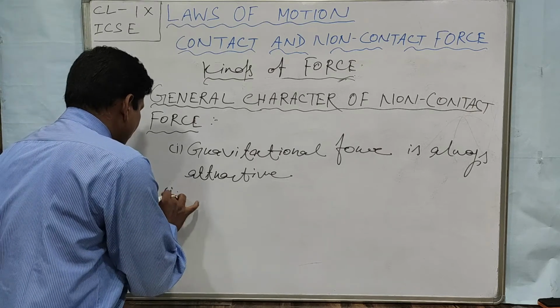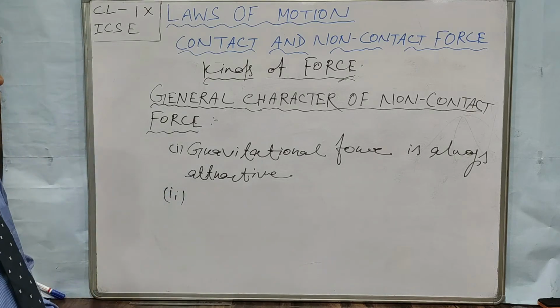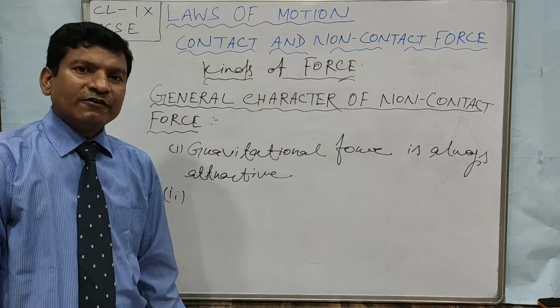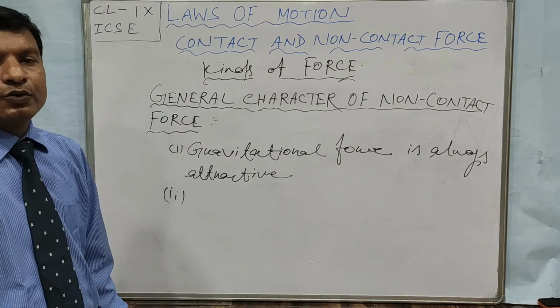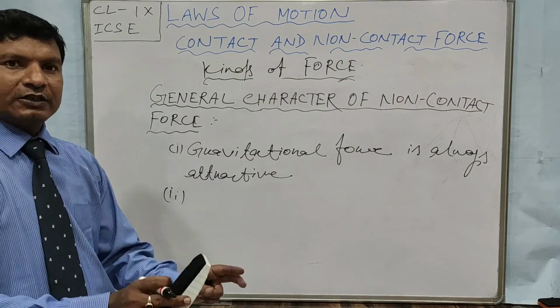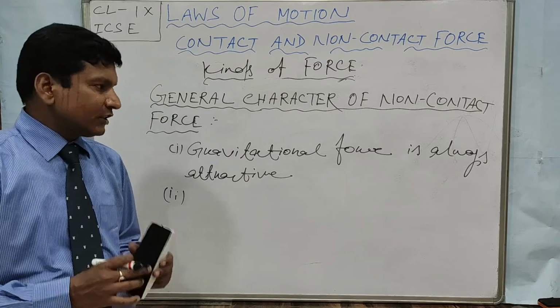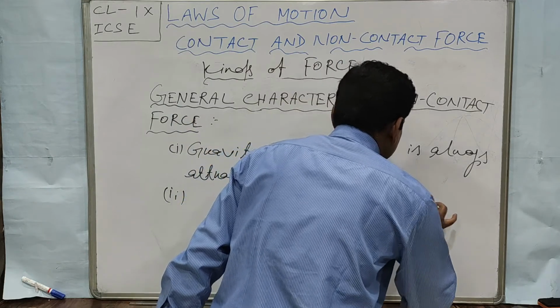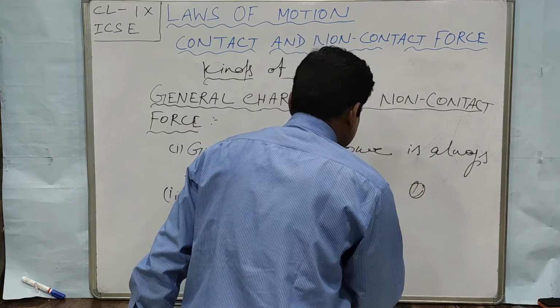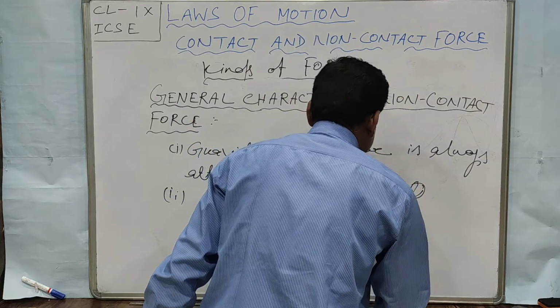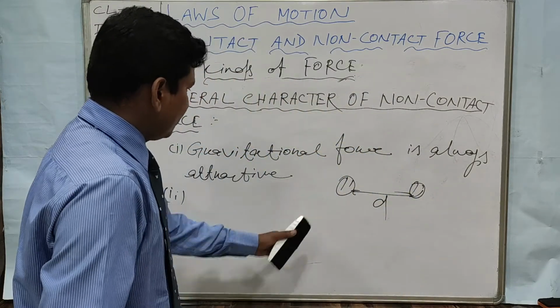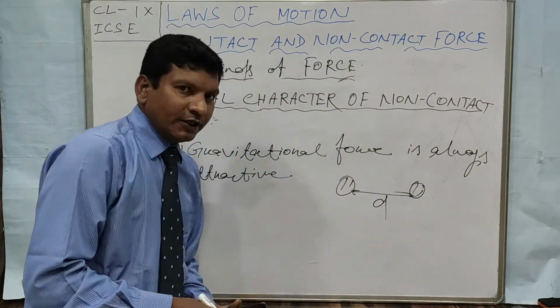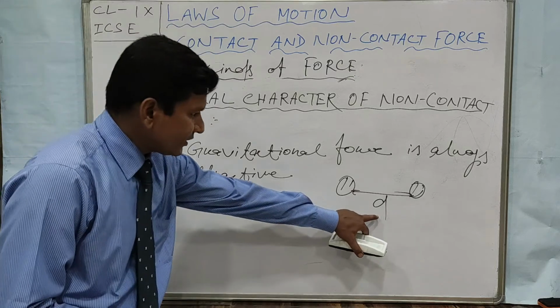Number 2, the magnitude of the non-contact force is inversely proportional to the square of the distance of separation between the two bodies. For example, one body is placed over here, another body is placed over there, and the distance of separation between these two bodies is d. Now, how does the magnitude of the non-contact force depend on d?